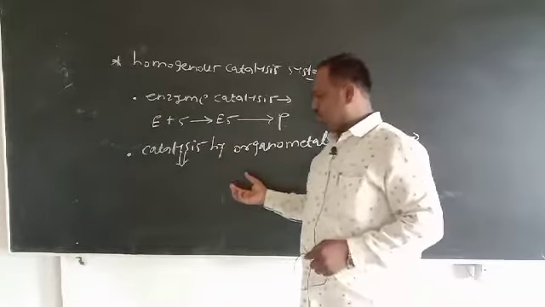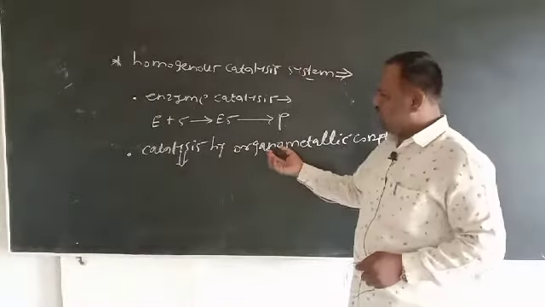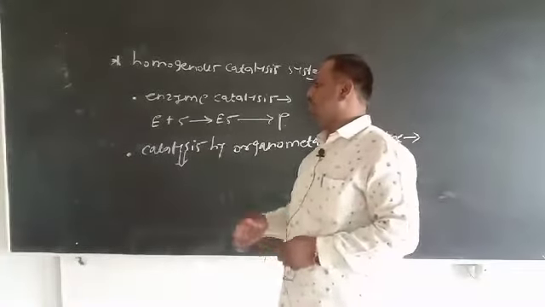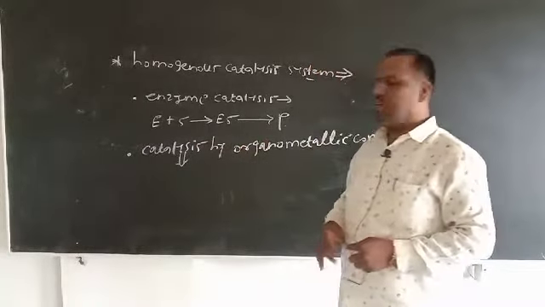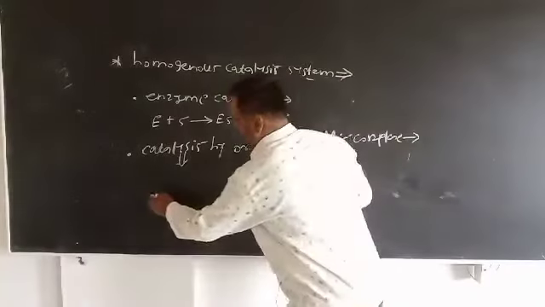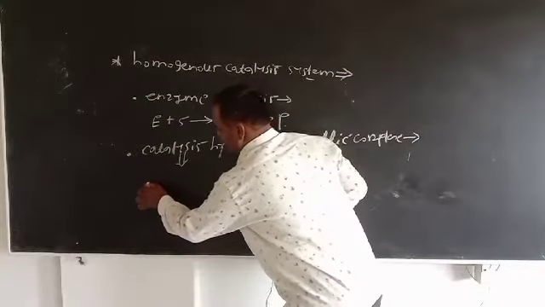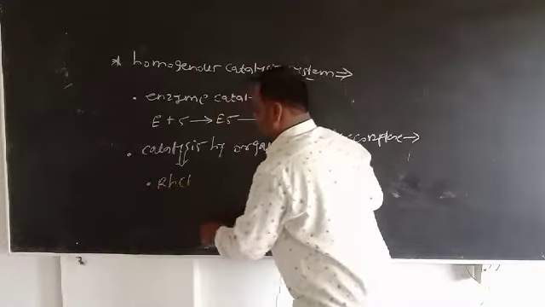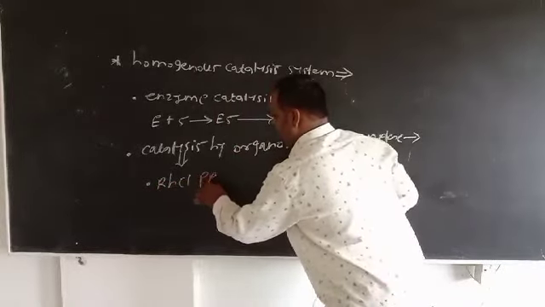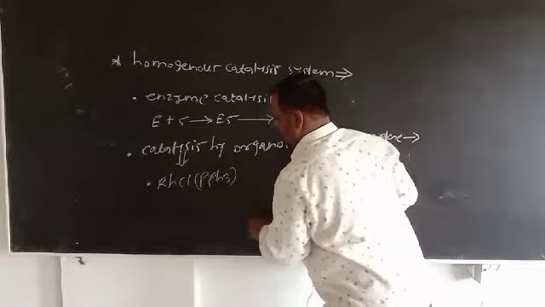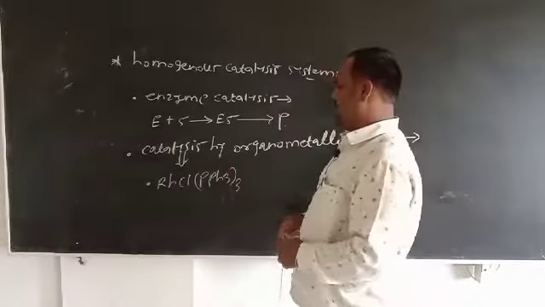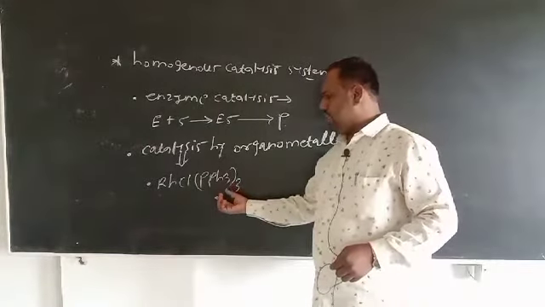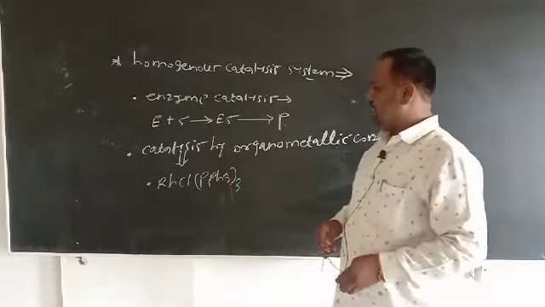There are a lot of examples of organometallic complexes, which we will study one by one. Here we consider only the examples. The first example is rhodium chloride triphenyl phosphine, RhCl(PPh3)3.